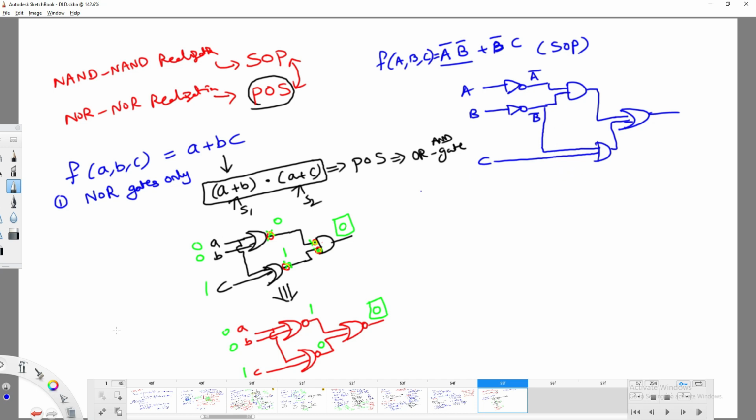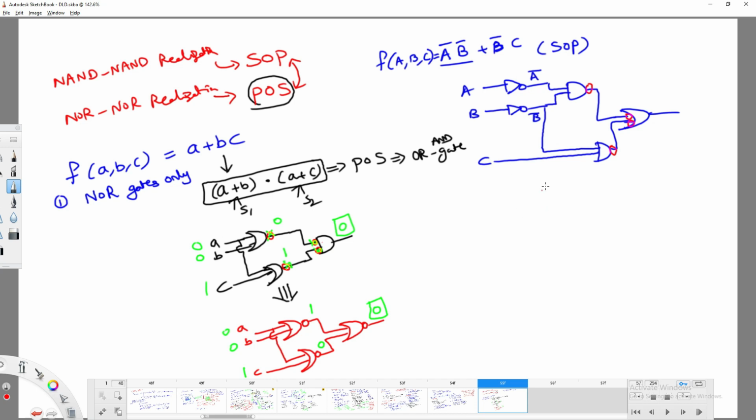What is the logic I have applied here? I don't want to redraw the circuit. You can simply make a bubble here, here, here, here, and here, right? And this NOT gate you can replace again with NAND gates.